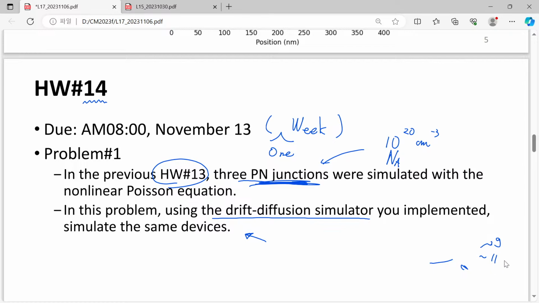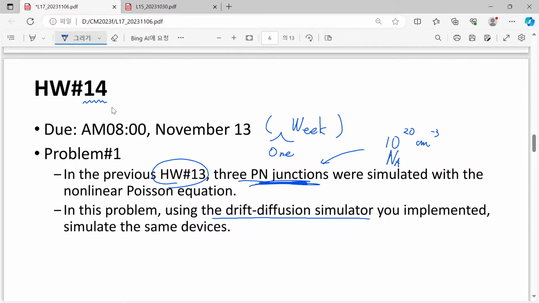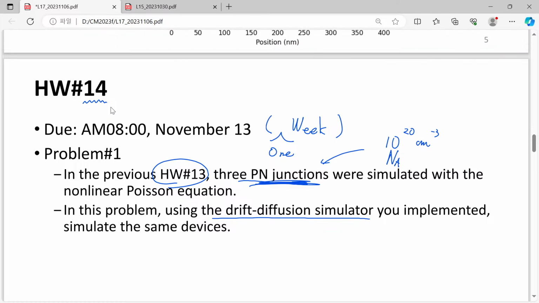Okay, so this is our homework number 14. So this Wednesday, we will not have any further homework. So please concentrate on this homework program. Maybe you may understand the effort required for this problem. I will not give you any additional homework assignment, and 1 week is fully assigned to only this simple problem.